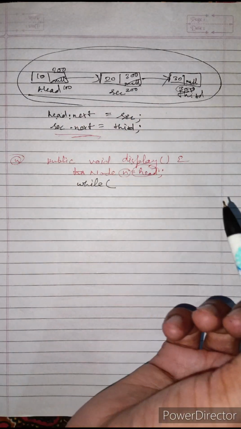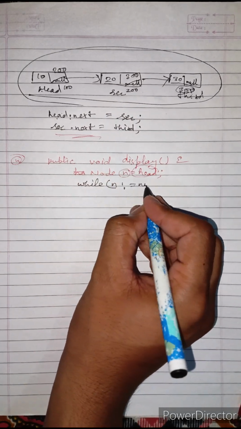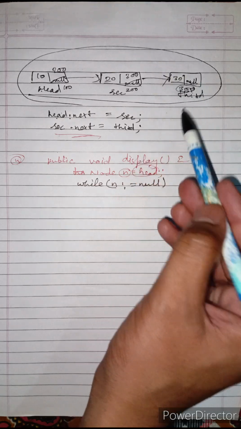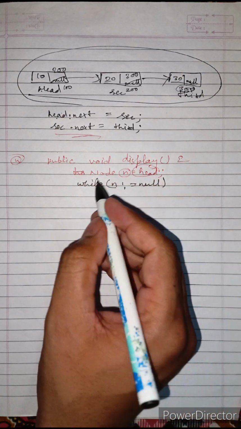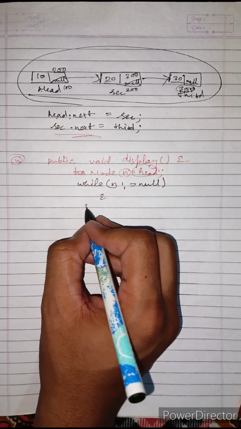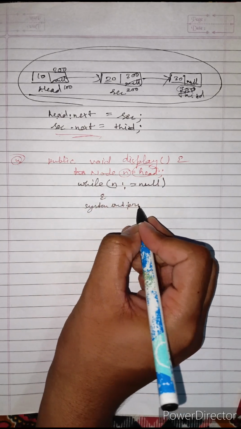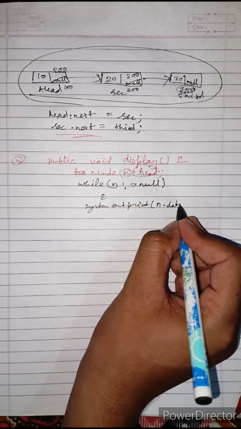Okay, so we are going to use a while loop with n not equal to null. Until we get the last node whose value is null, we are going to repeat this while loop. Okay, so we will write System.out.print and n dot data.